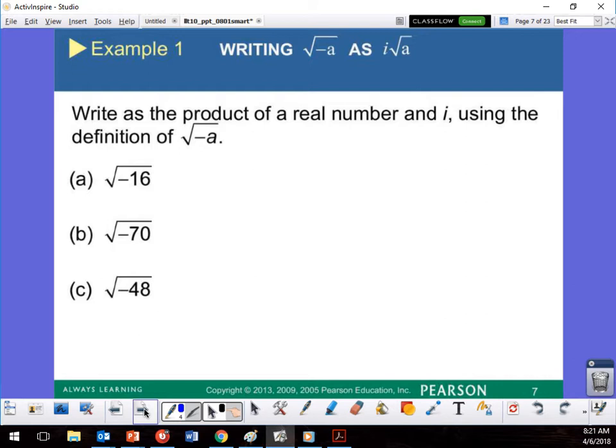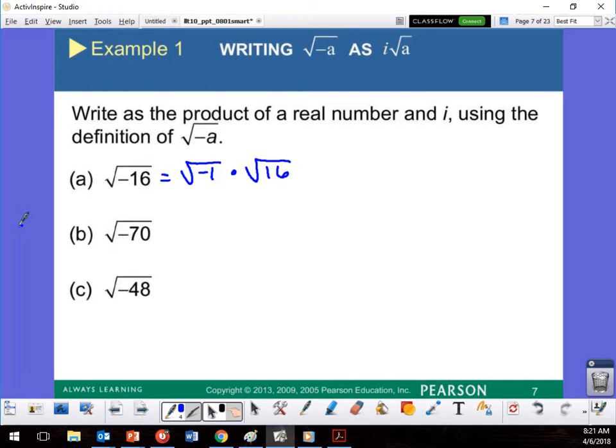All right, now I'm going to do this in a couple different ways. So now if we look at this, we can factor it out, because we know that -1 is in there. So I'm going to write that out. It's going to be equal to the square root of -1 times the square root of 16. That's one way. I have taken the -1 out. So the square root of -1, I already know that's i.